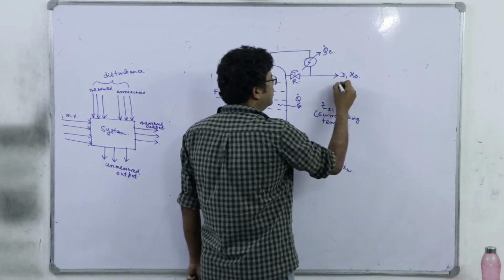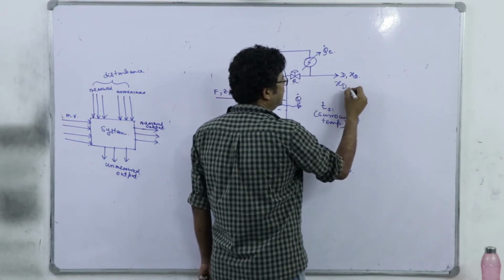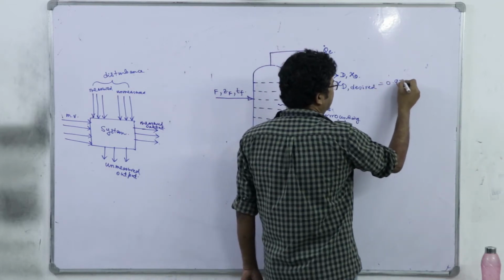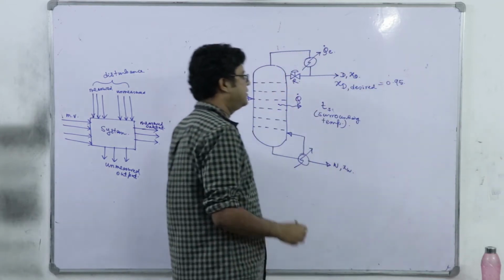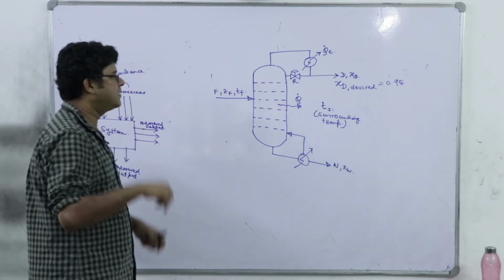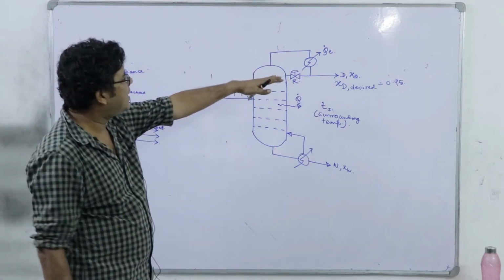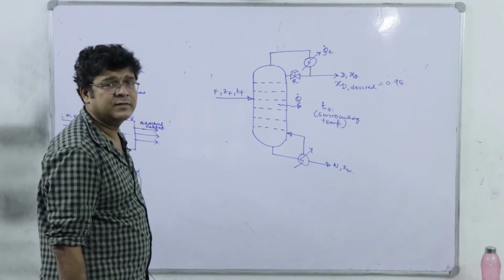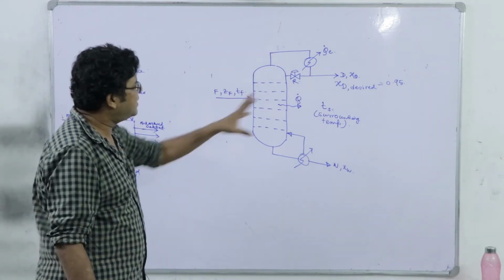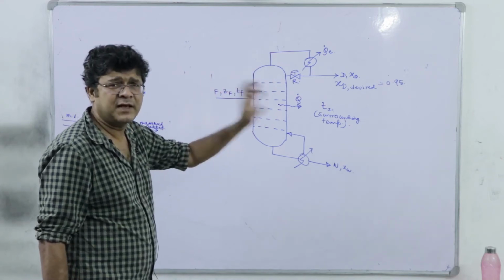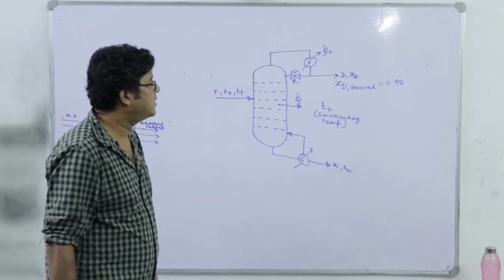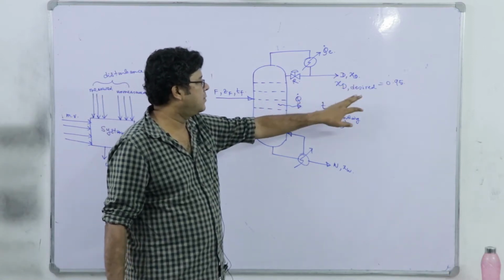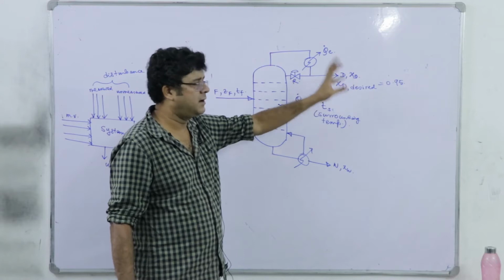Now I want to keep XD at 95%, or the mole fraction, or let's say the mass fraction of this distillate must be at 0.95 or above, right? But let's say it is 0.95. For the first time, we are not using any inequality, because this is the requirement for commercial grade pentane maybe.